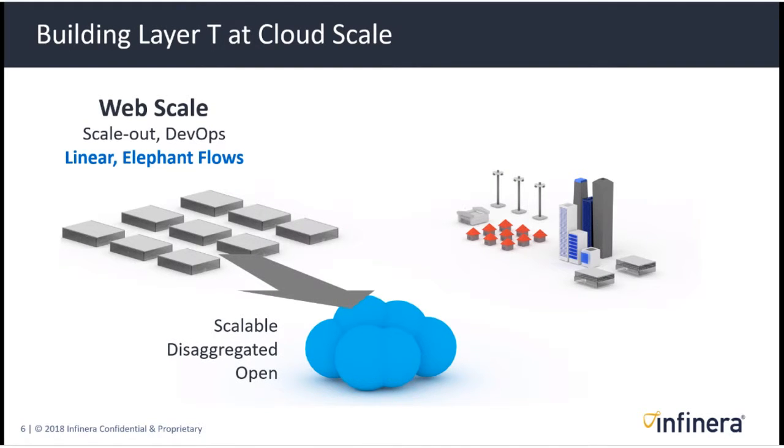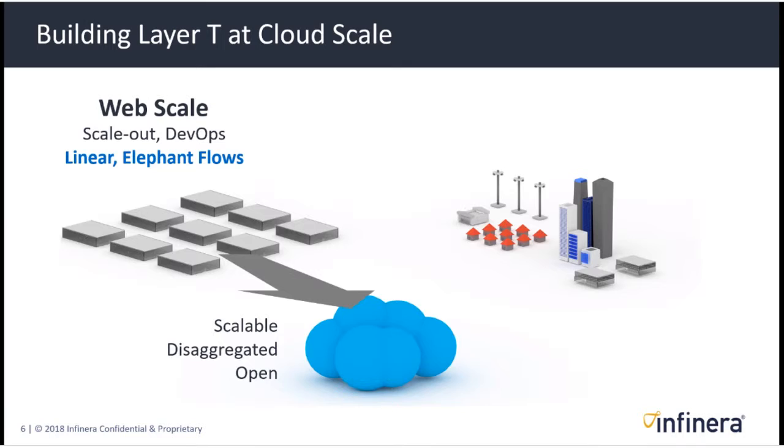Now, for the most part, this layer C, layer T transformation was triggered by the growth of the web giants, companies like Google, Facebook, Microsoft, and so on. Now, their web scale architecture is driven by the need to scale rapidly, and they evolved a technique called DevOps. Basically, this means that network application developers work incredibly closely with the network operations architects to ensure that capacity is delivered at the right scale and at the right time.